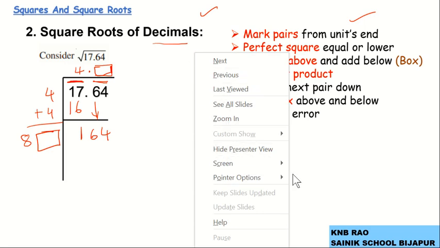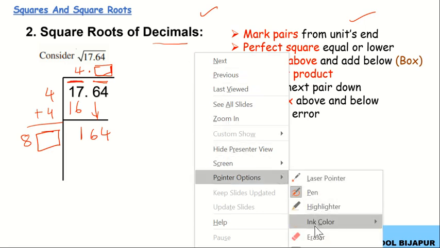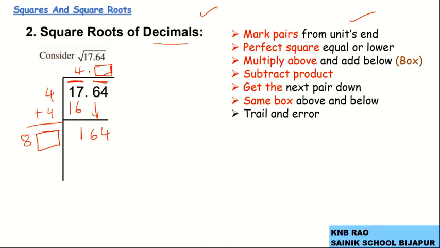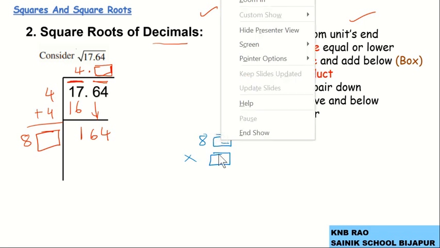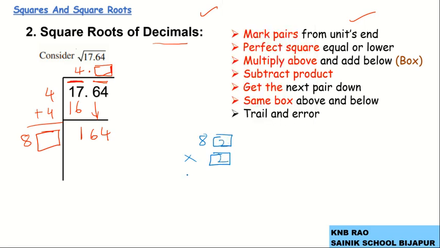So let me change the color of the ink. I will consider here a number with 8 in tens place, it will be 80 to 89, any number, but close to 164. Then it must be somewhere 2 only. So 82 2s gives 164.